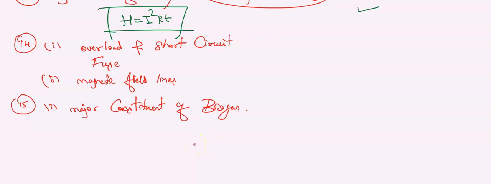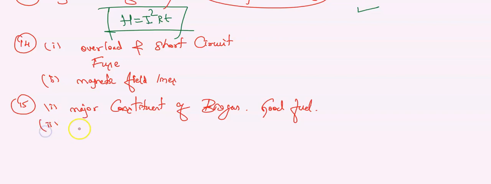Write the properties of biogas which make it a good fuel. So what are the properties biogas should have to make it a good fuel? You have to write a few properties.